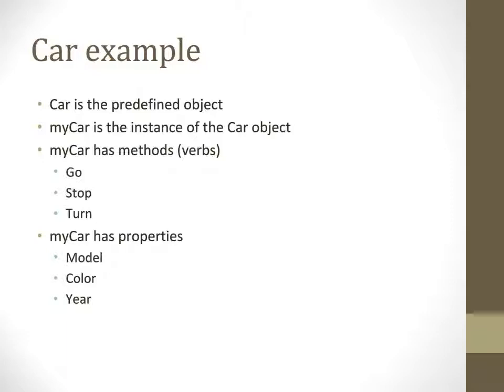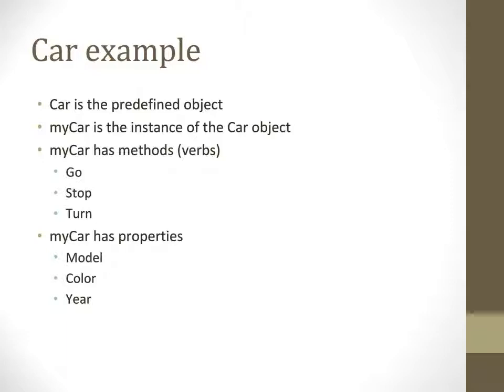So car in our example here is a predefined object. Now if we want to work with a specific car, then we would make an instance of the car. So in my case, well, let's talk about my car. I'll come back and talk to you about why it's smushed together and capitalized like it is. But my car is going to be the instance of the car object.